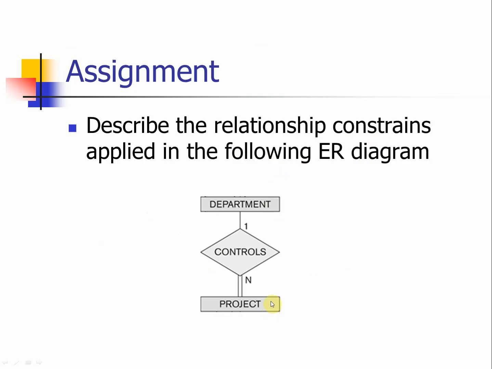I want you to explain to me in just 2 sentences what is the constraint provided in this information between department controls project, and on the other side, project is controlled by department. So give me the meaning of the ER diagram shown here. I just need those 2 sentences, and then give me a complete definition of what this ER diagram talks about.